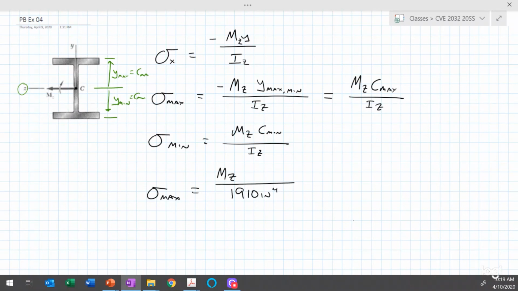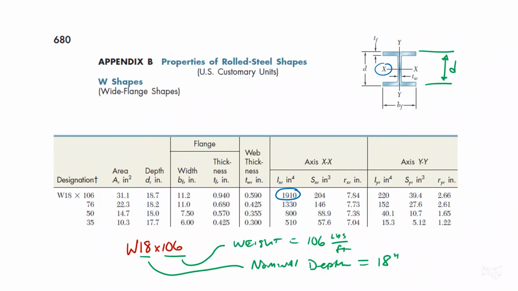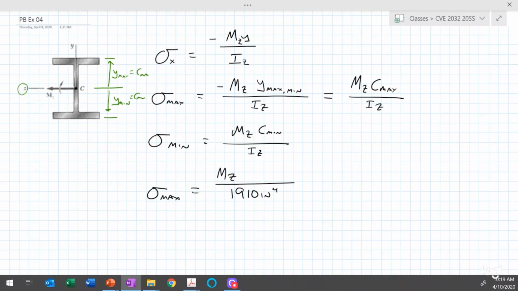Now c max, we need the depth D. So we go back over here and the depth of that section is 18.2. So if the overall depth of this cross section is 18.2 inches, then this is going to be 18.7. I said 18.2, I meant 18.7 divided by 2.